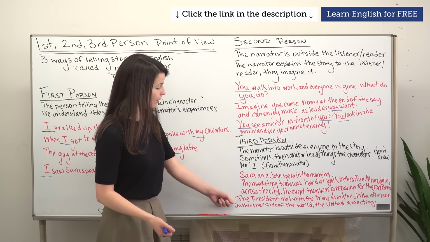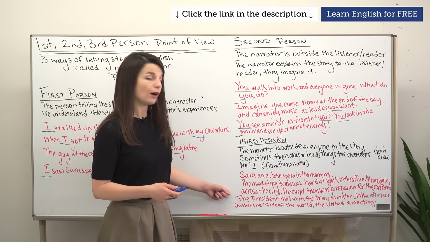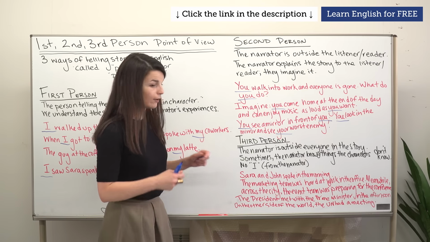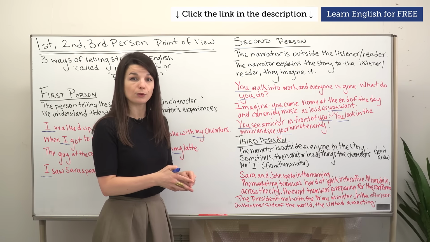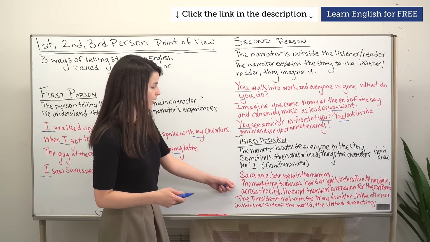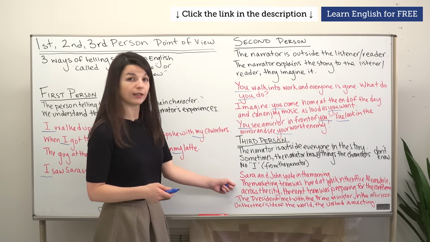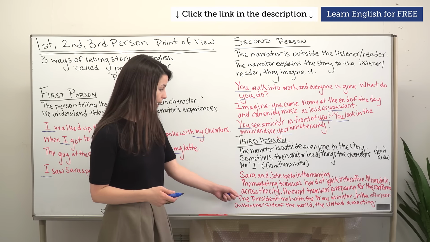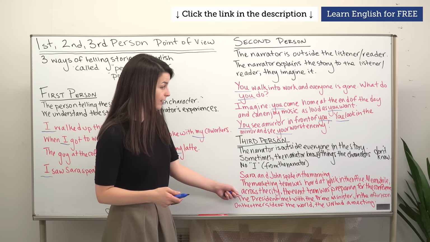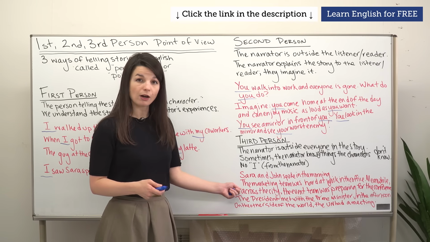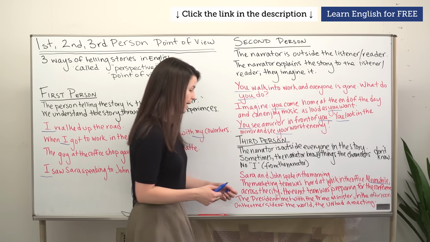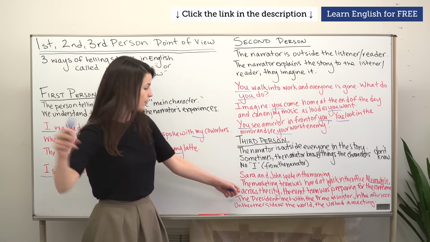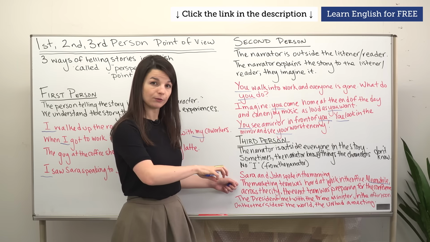Here, however, maybe these next two examples are what I described, where the narrator knows something that the people in the story don't know. So here, the marketing team was hard at work in the office. Meanwhile, across the city, the event team was preparing for the conference. So meanwhile means at the same time, across the city. So here, the marketing team is at the office working.